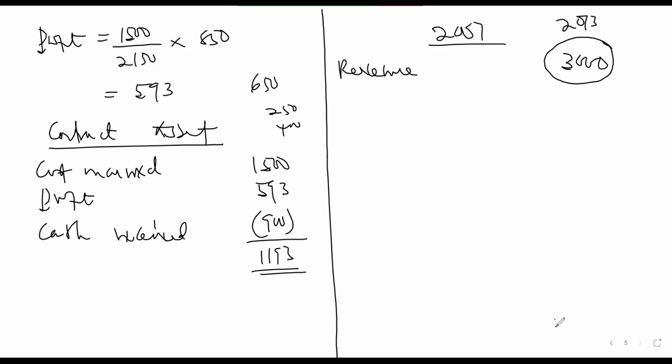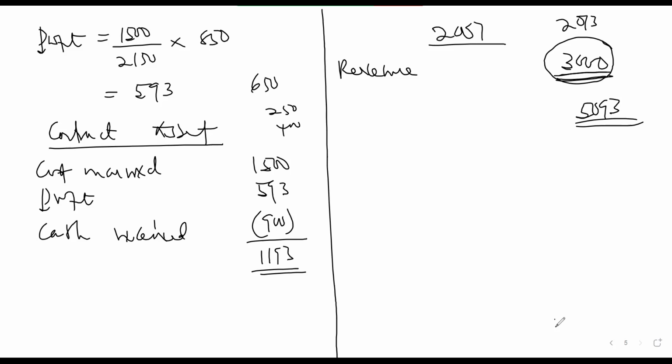You have recognized 2,093 already. If you have completed a contract, the total revenue will be 3,000. But out of that 3,000, you have recognized 2,093 already. So what will be the remaining revenue? That will be the remaining revenue that you are going to recognize. Don't say that in the next year you are going to recognize a revenue of 3,000. It means that in total you are recognizing 5,093. So the previous year we only look for the increase.